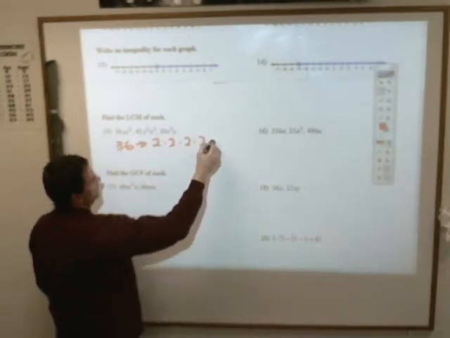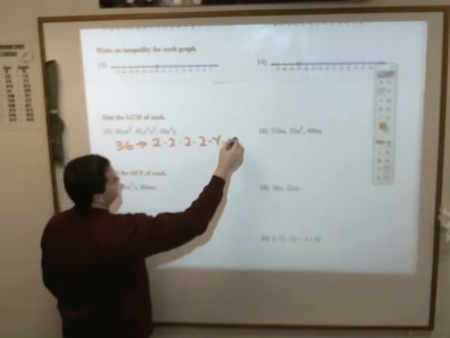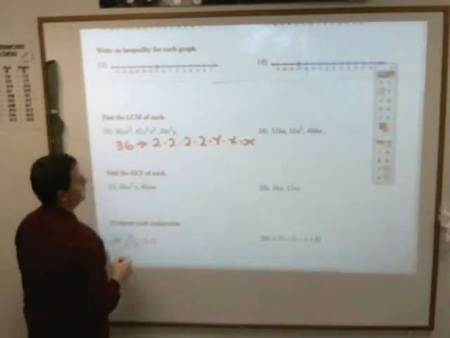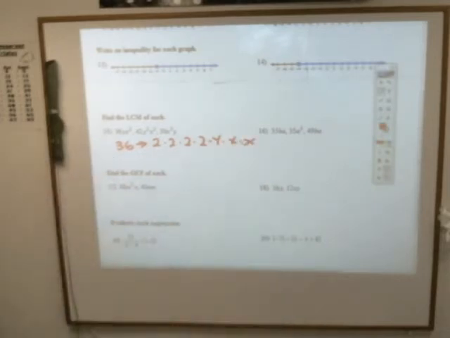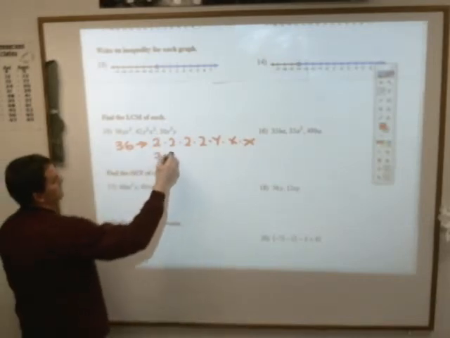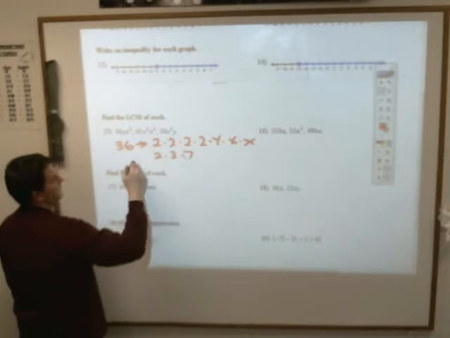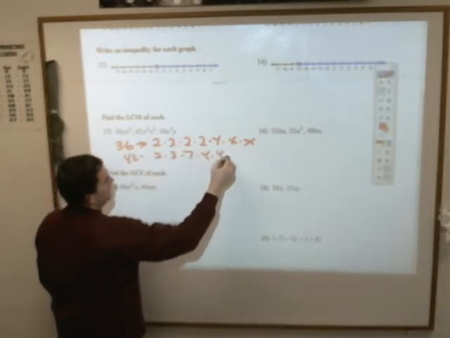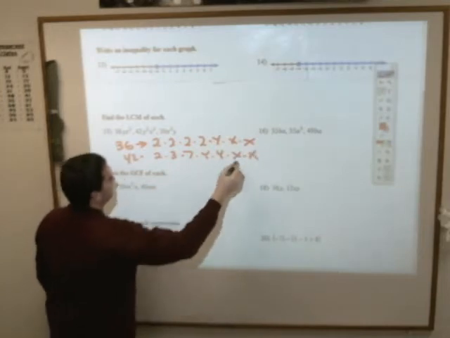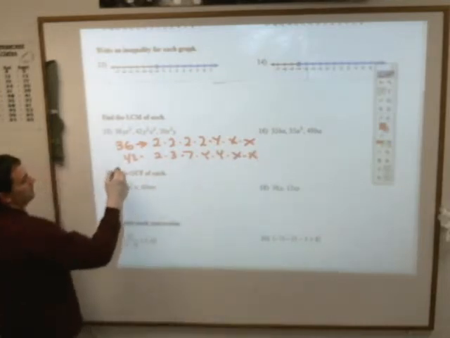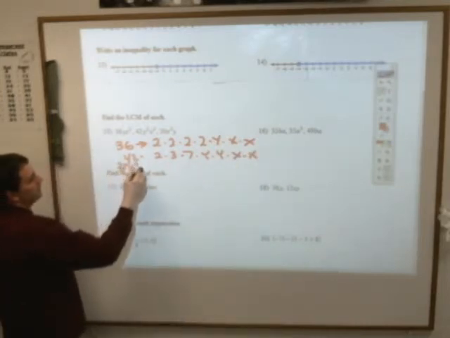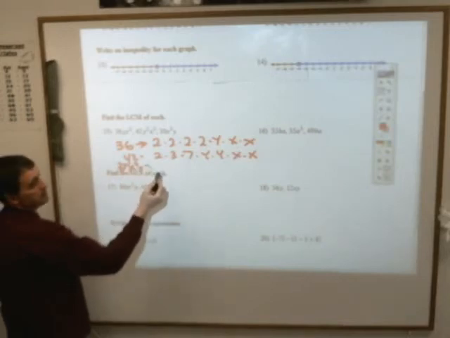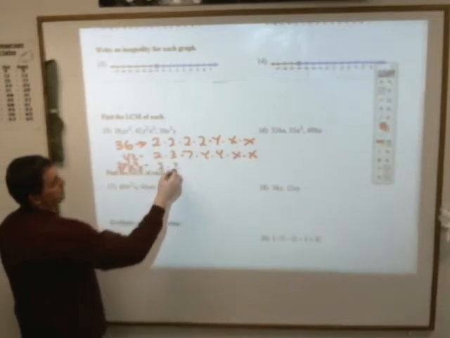Don't forget about the letters, times y times x times x. Prime factors of 42 are 2 times 3 times 7, because 6 times 7 is 42. And the letters, you get y times x times x. Prime factor 30x cubed y. 30 is 2 times 3 times 5.